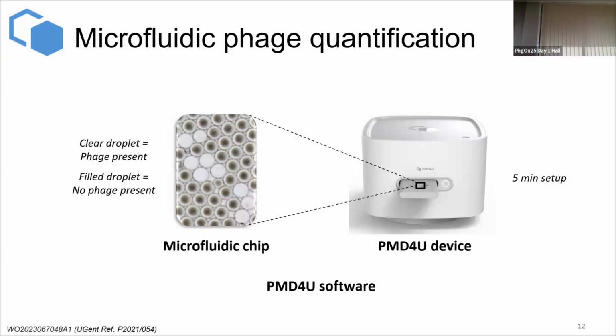So we have a chip, we have a device, and we have software. And in the chip, in essence, you can see droplets, and those droplets are dark if they only contain bacteria. And if there is one phage in a droplet, that phage will destroy the bacteria population, and you will have a clear droplet.